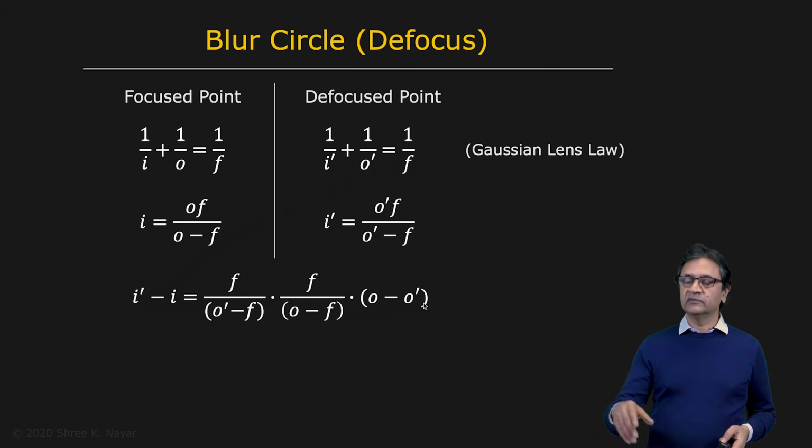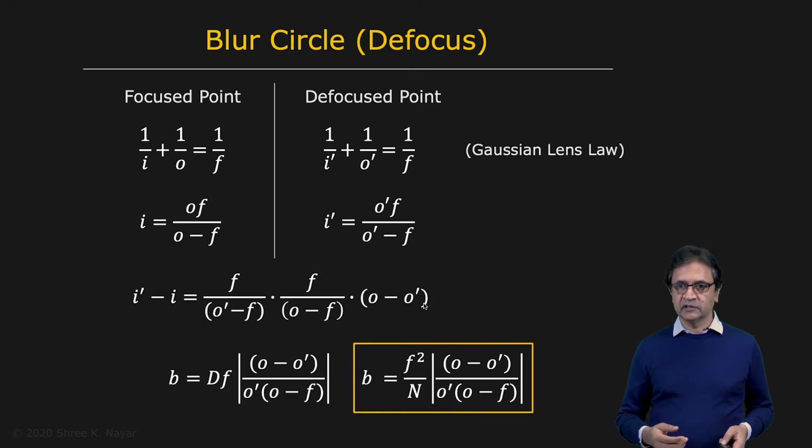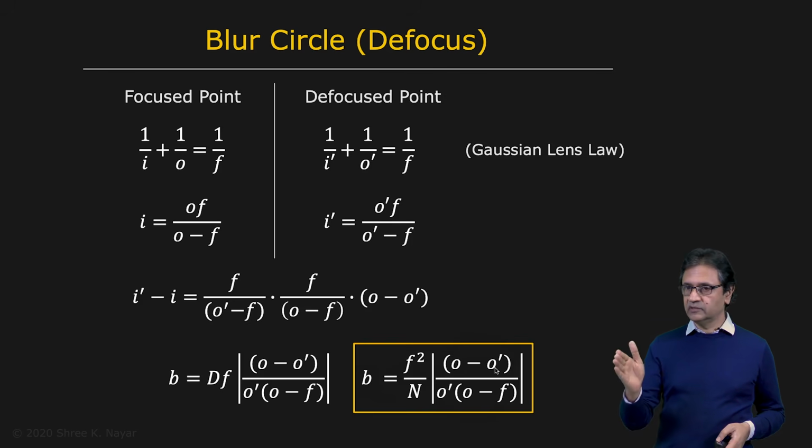Substitute in the expression for the blur circle, and we get this expression right here. The diameter of the blur circle is f squared divided by n. N, once again, is the f number of the lens. F is the focal length. And on the right side here, you see O and O prime. The distance, O minus O prime, is the distance of this point from the plane of focus.